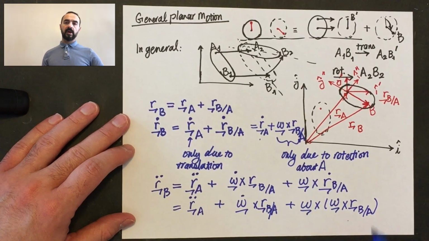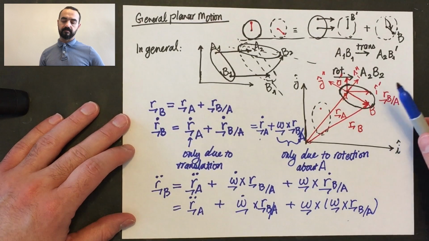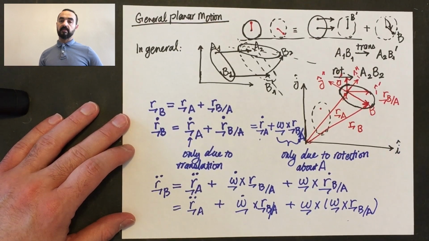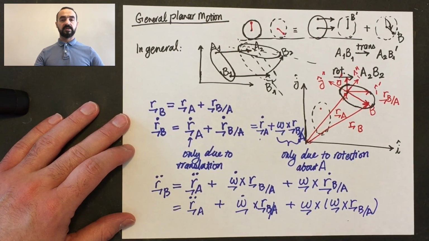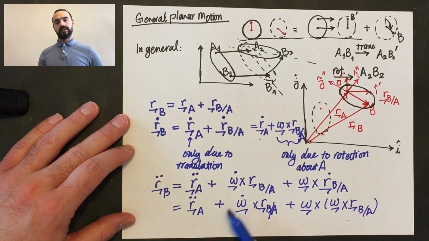So again, omega was describing the angular velocity. This is a planar motion, so you could say that my omega is only omega about our third axis, but this is the general equation.